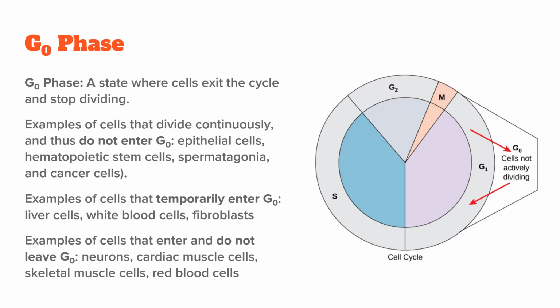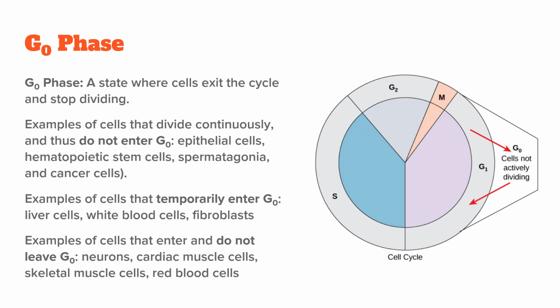G0 is a quiescent state where cells exit the cycle and stop dividing. Some cells rarely or never enter G0 because they divide continuously. Examples of continuously dividing cells include epithelial cells, hematopoietic stem cells, spermatogonia, and many cancer cells.